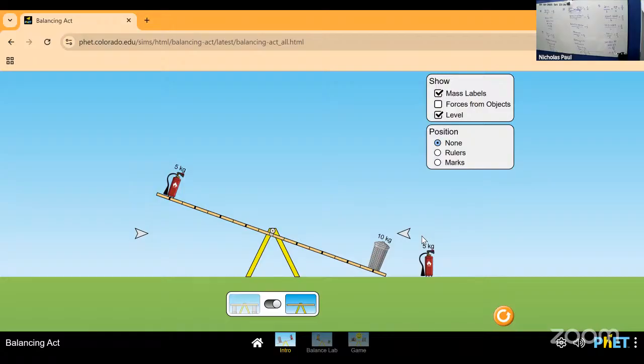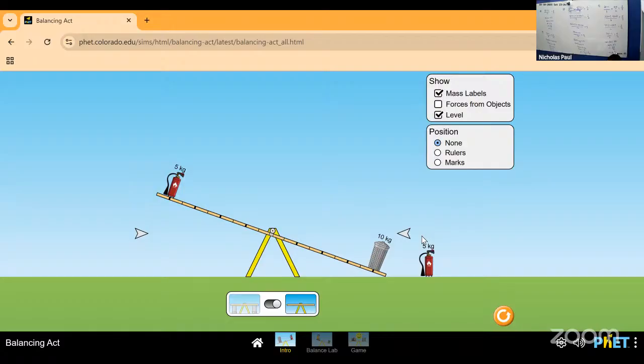It's 5 and that's 10. So we have to use half of the distance from the other side. Put it on the fourth?